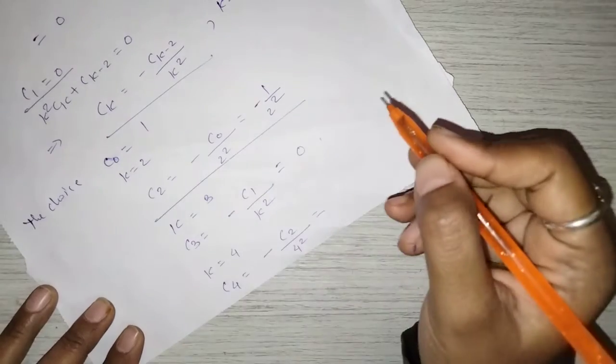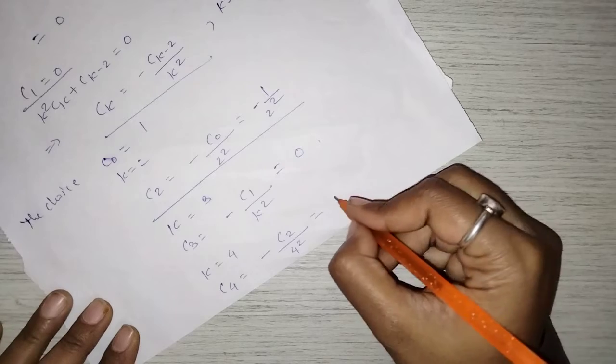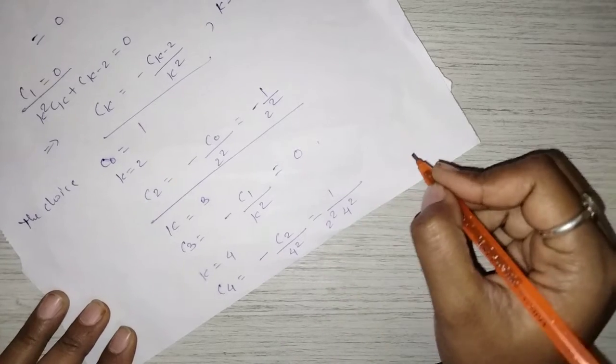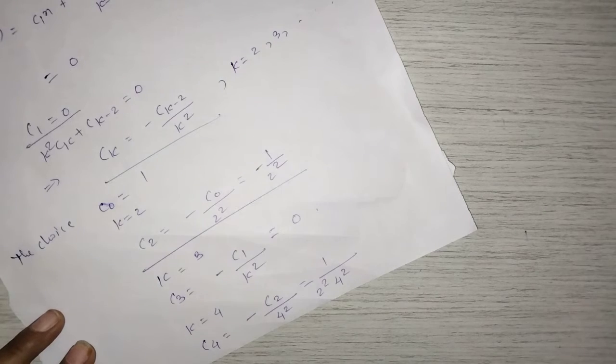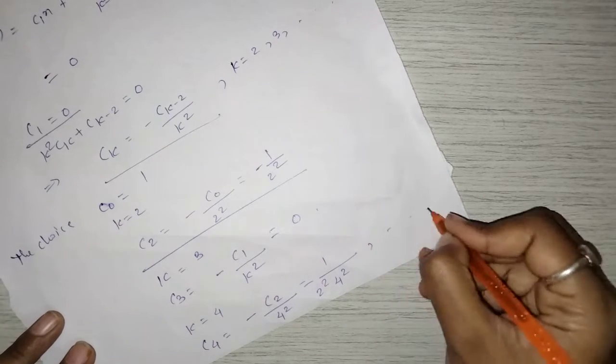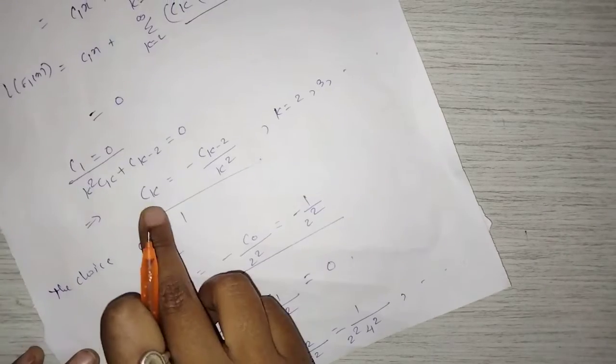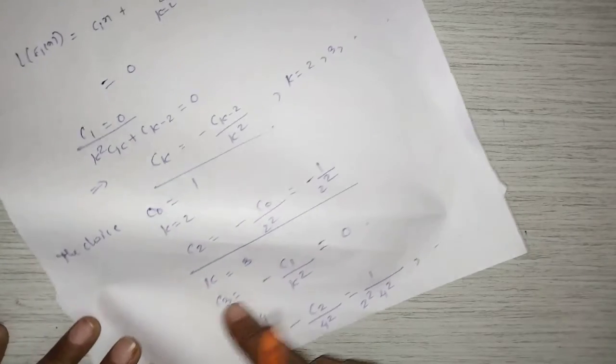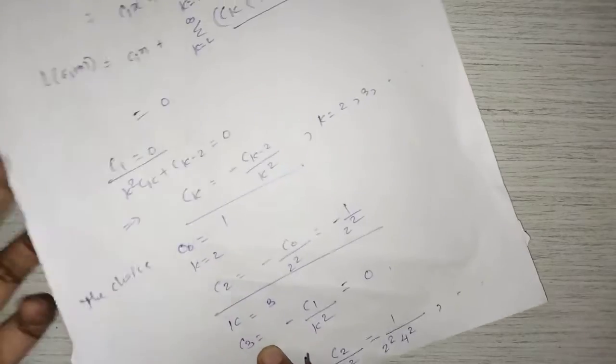Now put the value of c2 in this equation, we get minus minus plus 1 upon 2 square into 4 square, and so on. If we put k equal to 5, we get c5 equal to minus c3 upon 5 square, and also here c3 equal to 0, so c5 equal to 0.